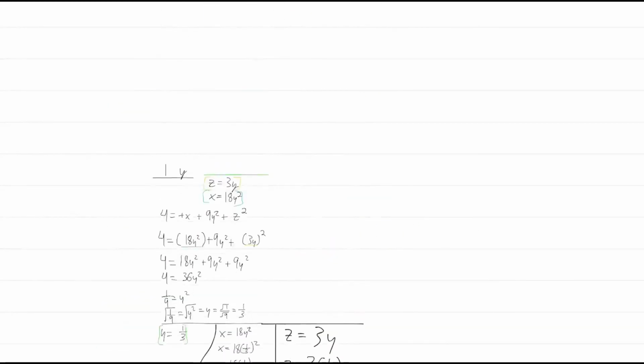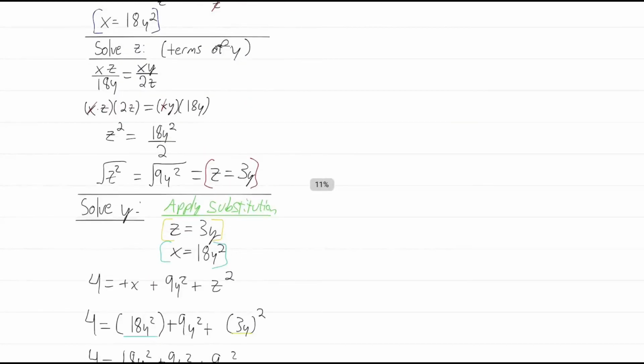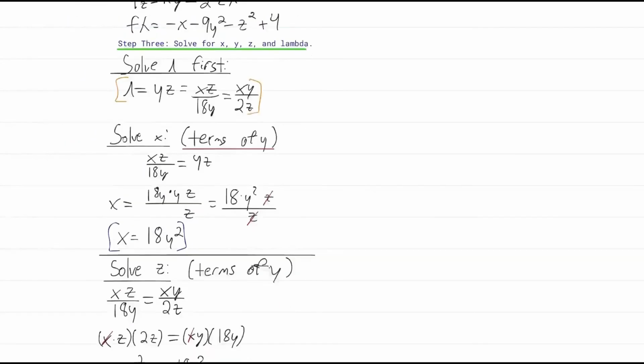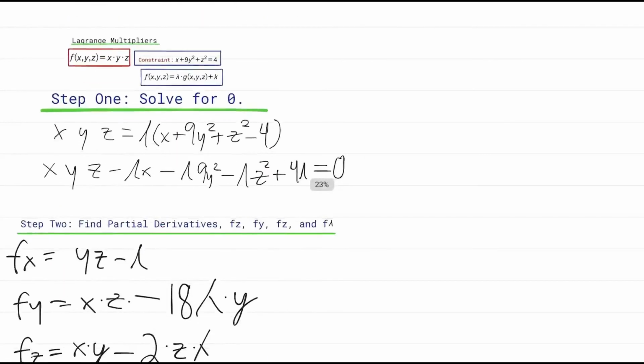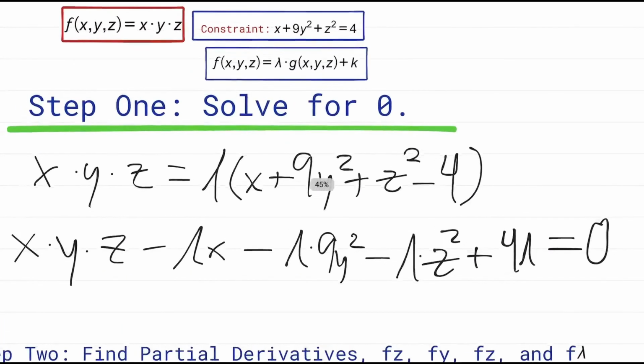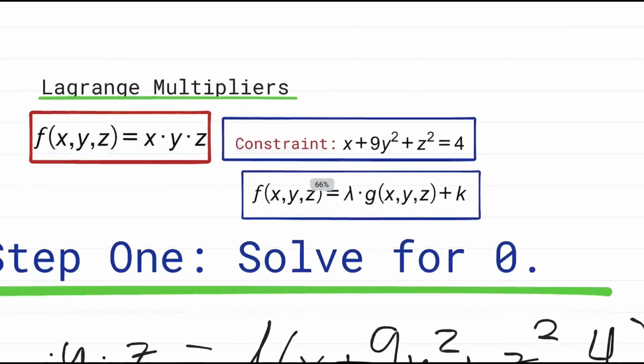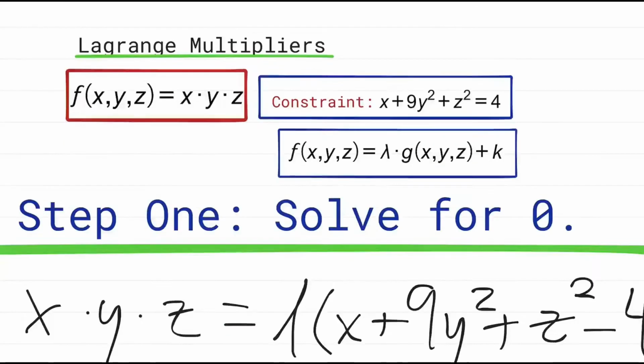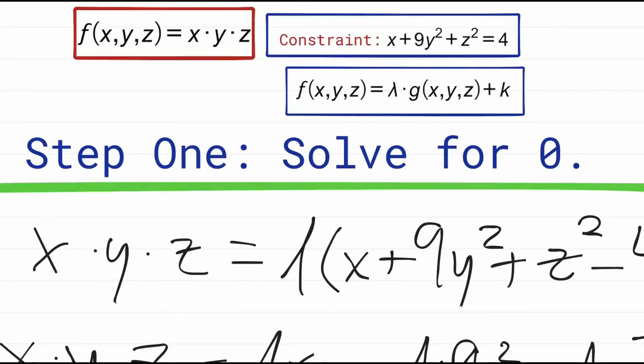So in quick retrospect, what did we do? We did quite a bit of solving, but let's quickly take you through the steps in a nutshell. First, we were asked to find the extremum of x times y times z constrained at that value.